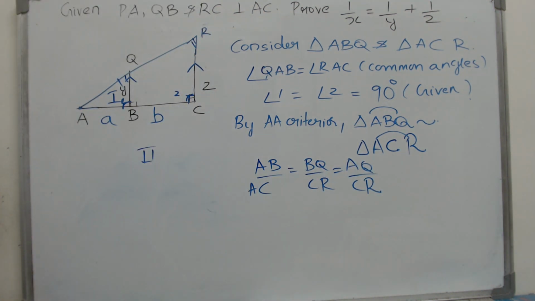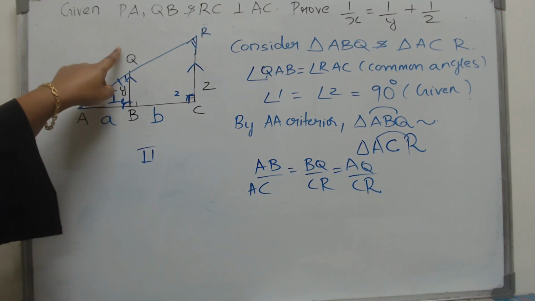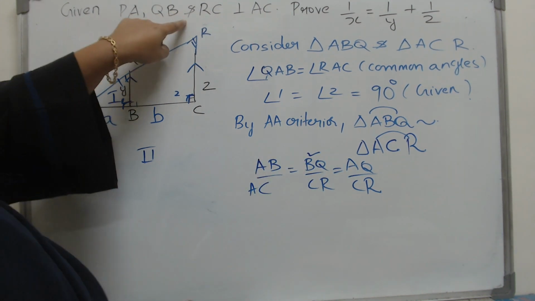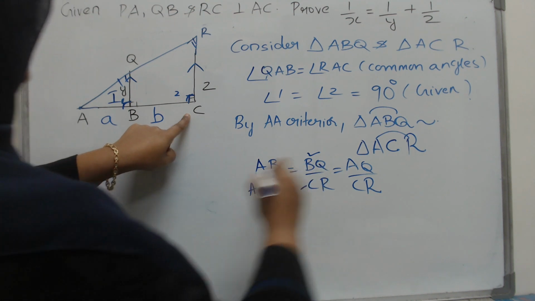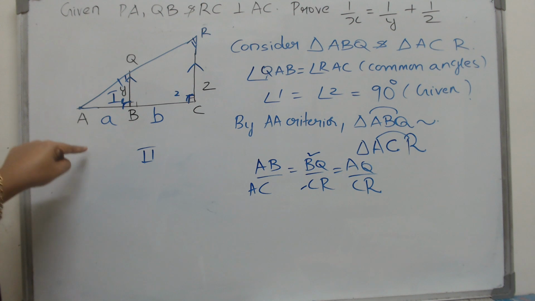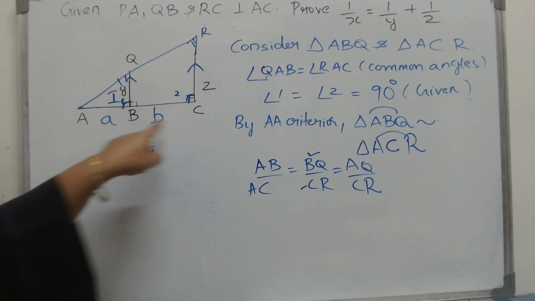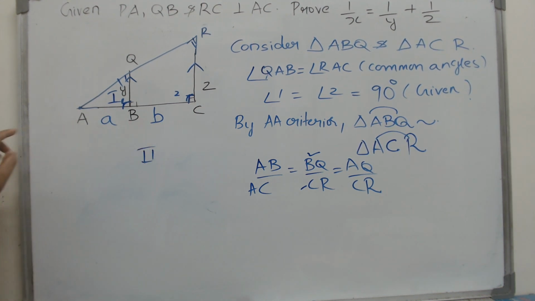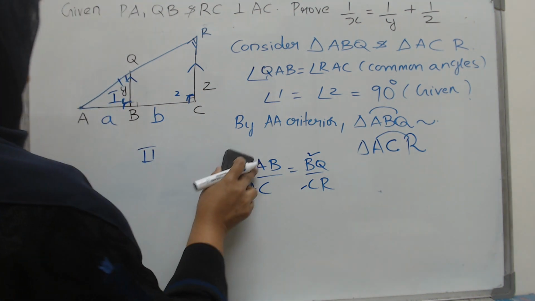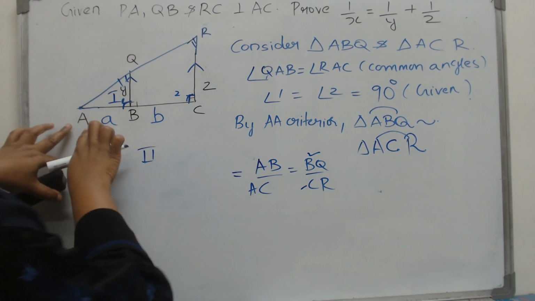Now, which all are we concerned about? We are concerned about QB, this one, and we are concerned about CR, this ratio. And what is the side which is going to connect both of them? It is this side, the one with A and B. So these two ratios are the only ones we want. We can get rid of this one. So what is AB?